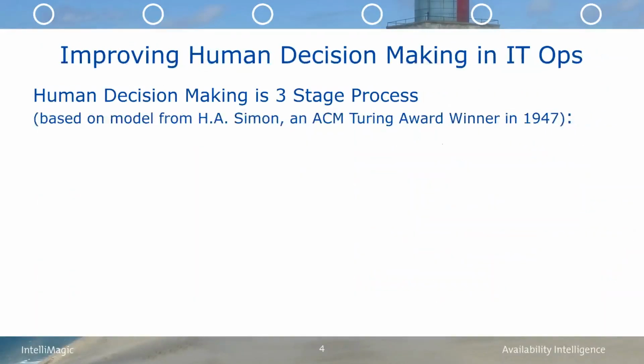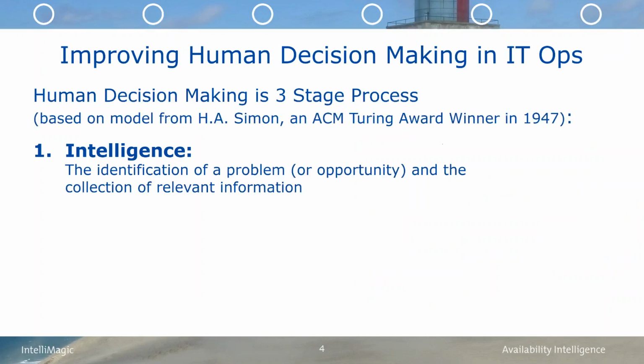If we're talking about human decision making in IT operations, back in the last century H.A. Simon created a decision-making model that's been widely used since then, and he talks about three different things. The first is the process of intelligence: identifying a problem, or it could be an opportunity as well, and sometimes those two mix based on where you're at in the cycle. If you see it soon enough, it might be an opportunity.